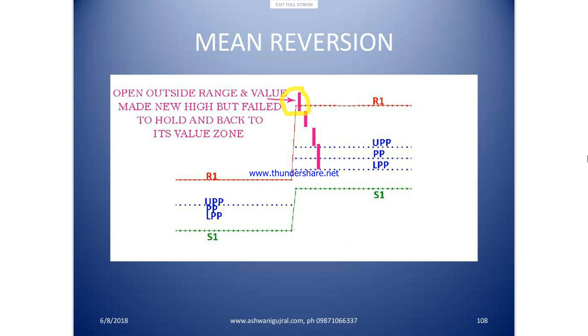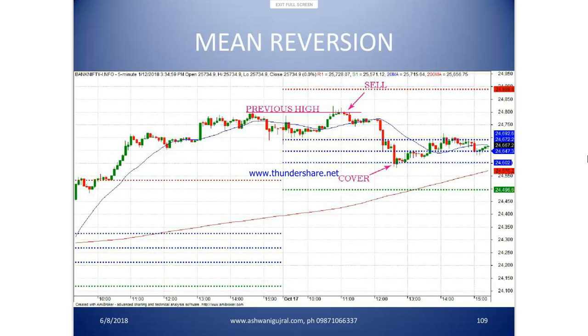We'll talk about many more examples. So, understanding of this is that things open beyond R1 but are not able to sustain, open below S1, not able to sustain, 95% accompanied by news. See, this is previous day, we end up at the high. Next day, we open, try to go higher, but previous day high does not sustain and we start collapsing back.